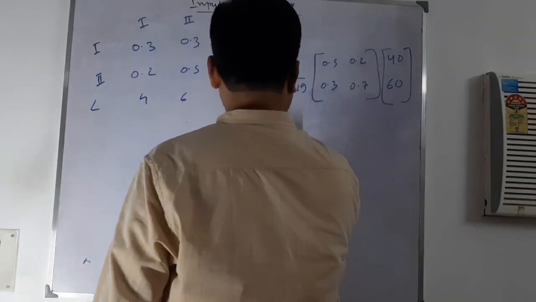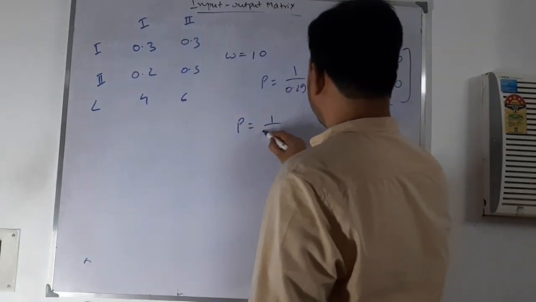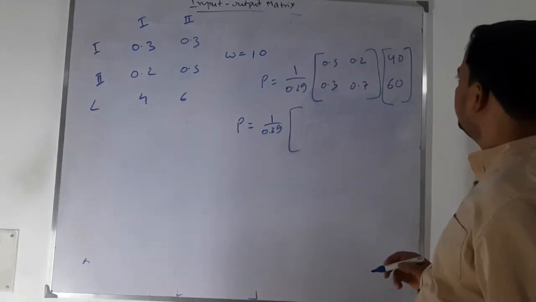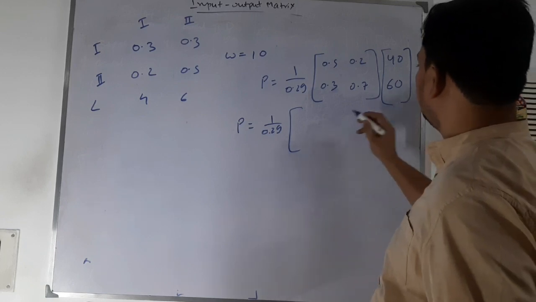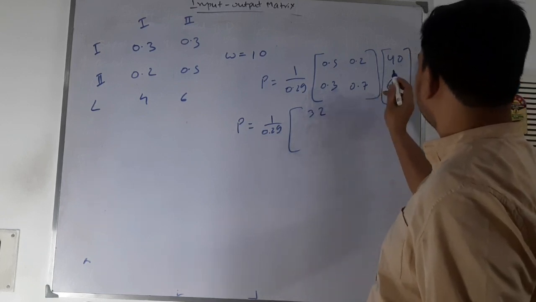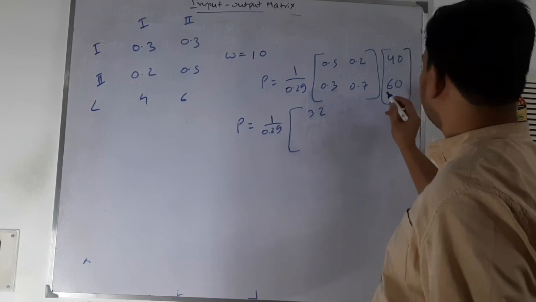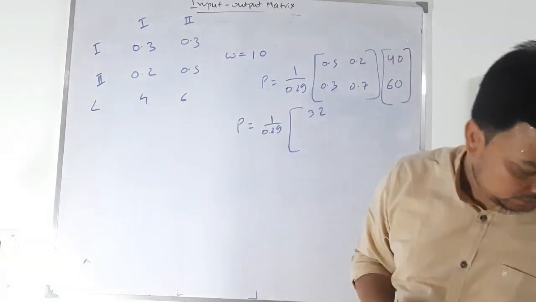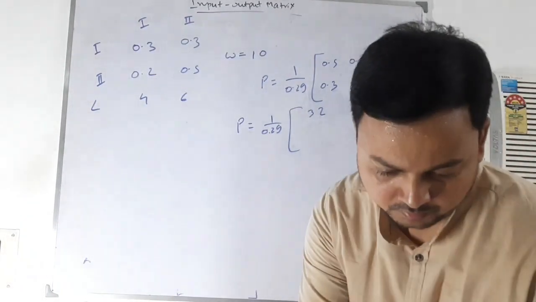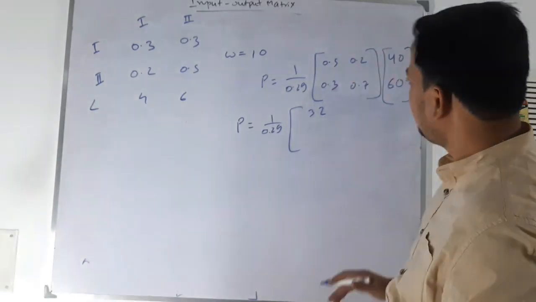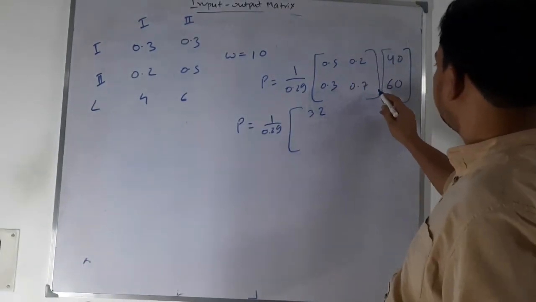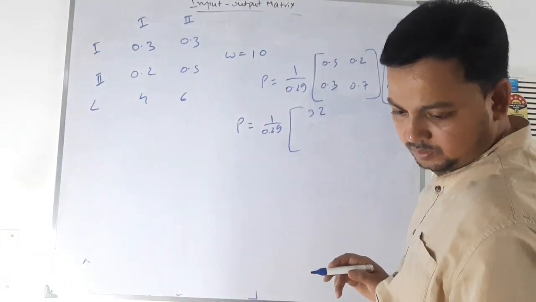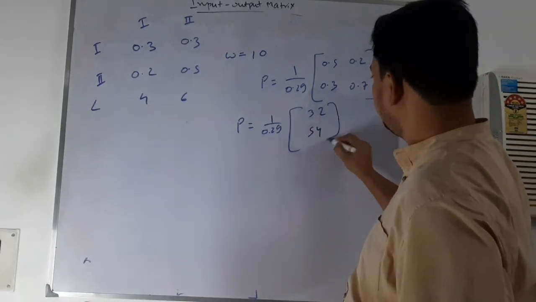Now price will be equal to 1 over 0.29. This will be 20 plus 12, 32, and 12 plus 42, 54. Let me check.